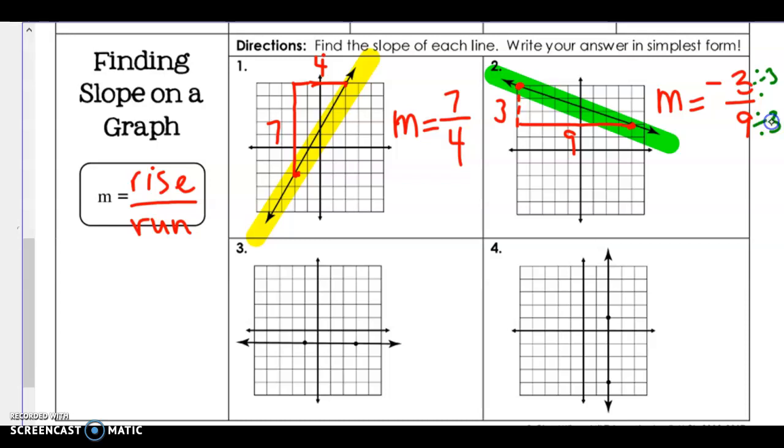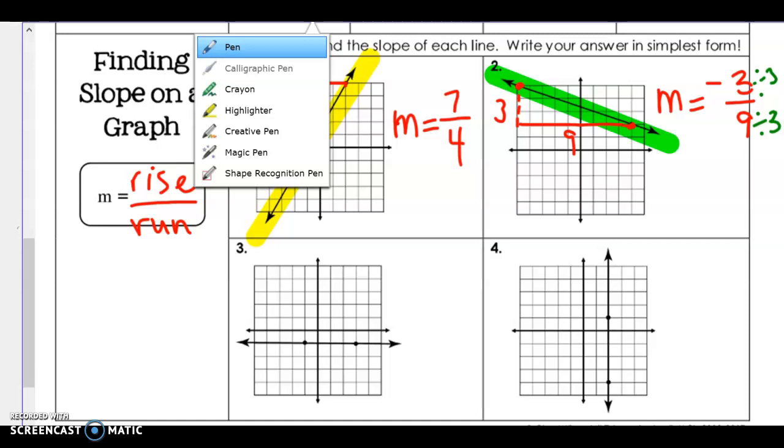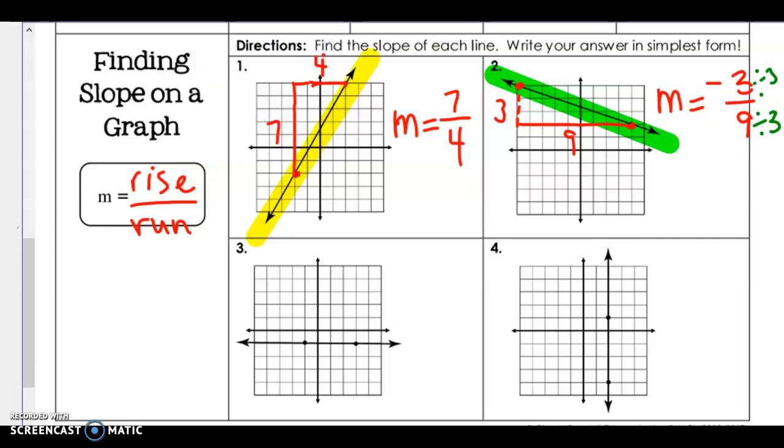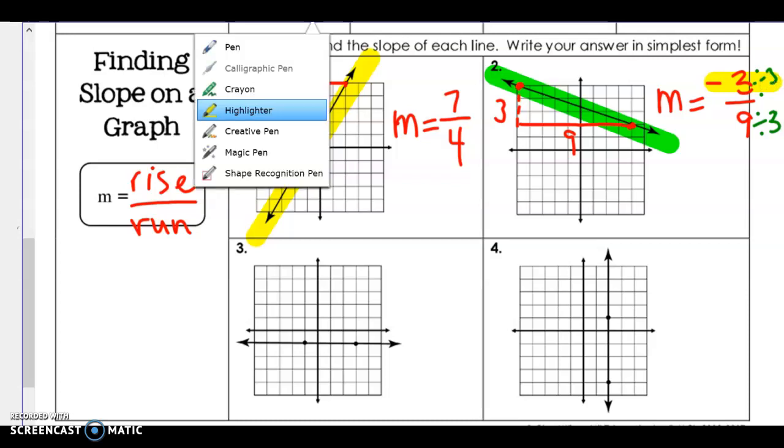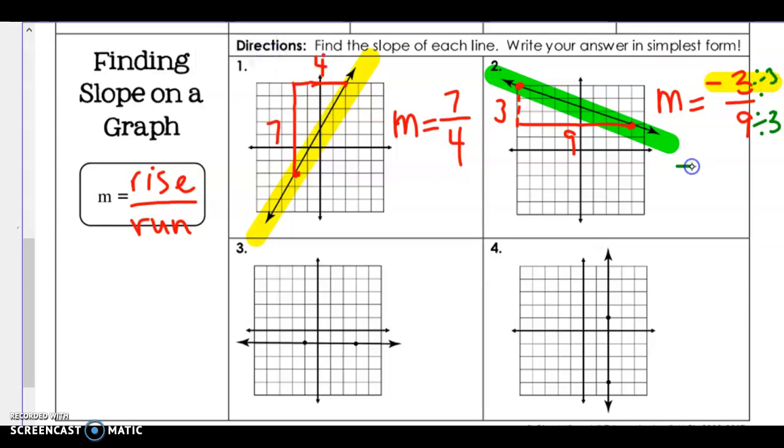If I have negative 3 divided by 3, that gives me negative 1. And on the bottom, I have 9 divided by 3, because they're both divisible by 3. 9 divided by 3 gives me 3. So the m for this one would be negative 1 over 3. That's how we find the slope for these lines.